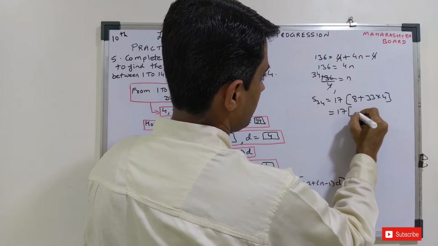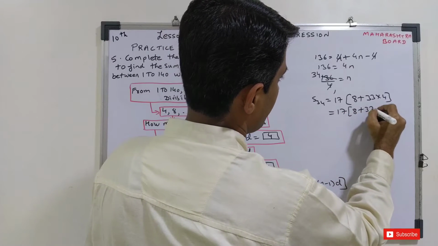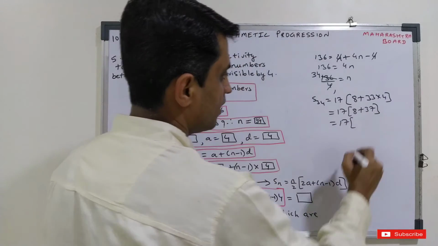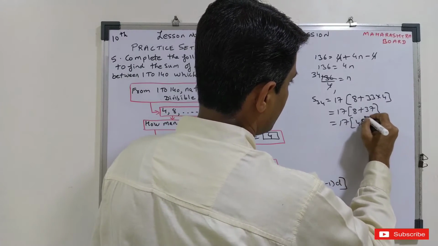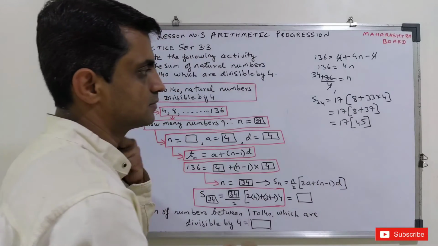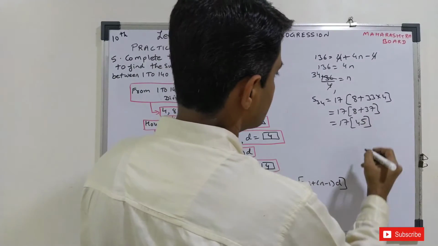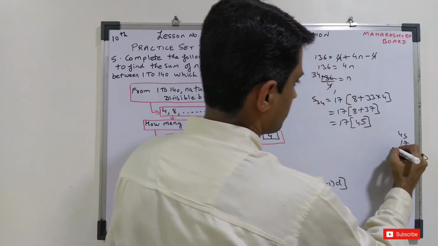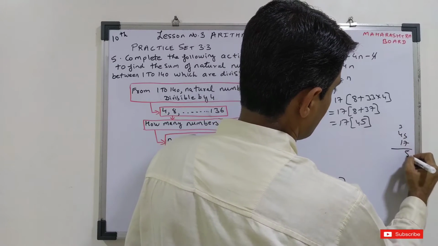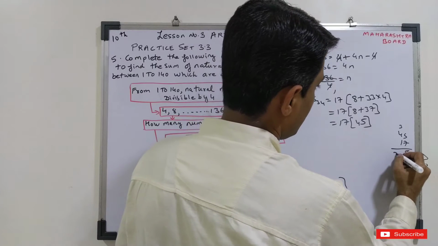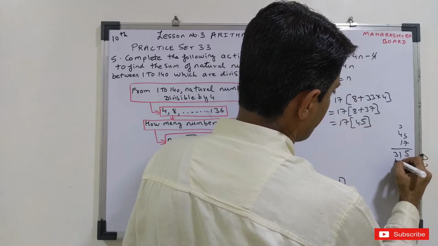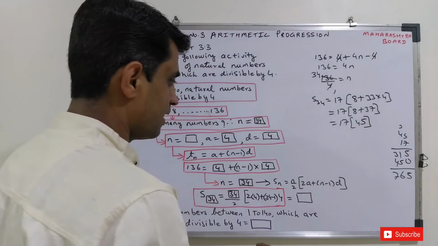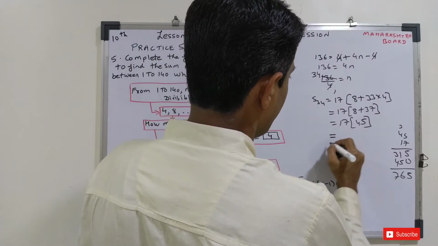So 17 into 8 plus 33 into 4. Okay, let us multiply. 45 into 17. 5 sevens are 35, 4 sevens are 28... 765.